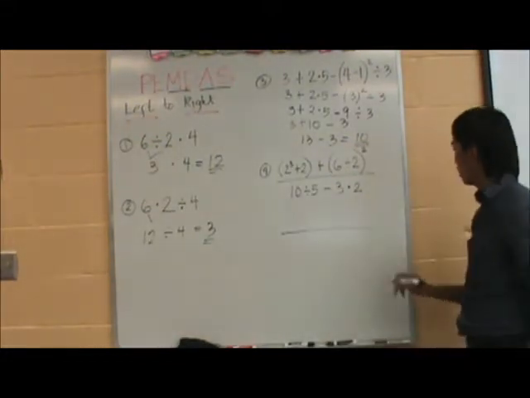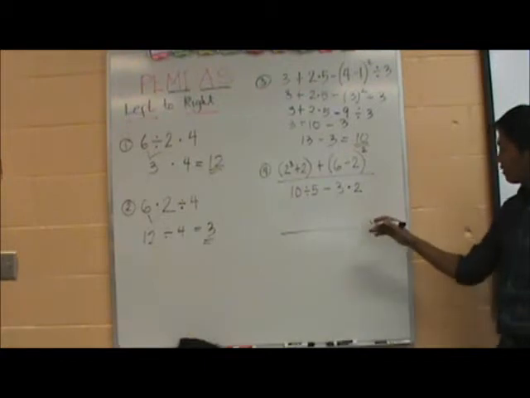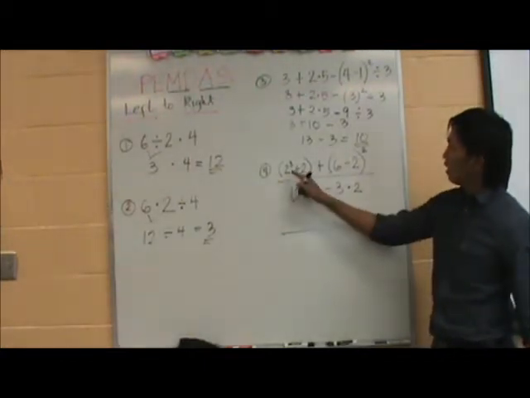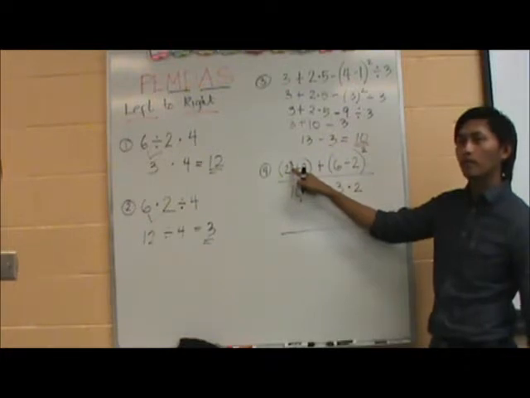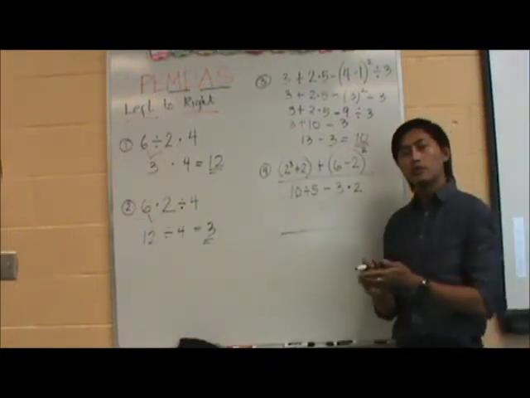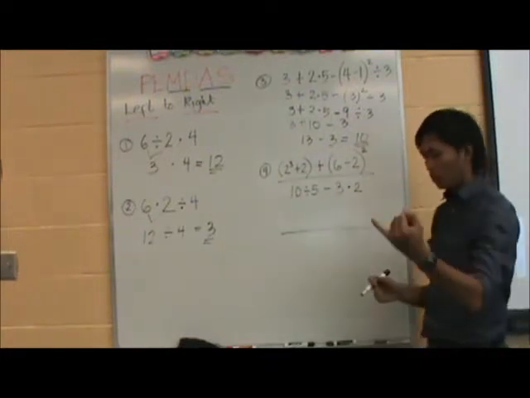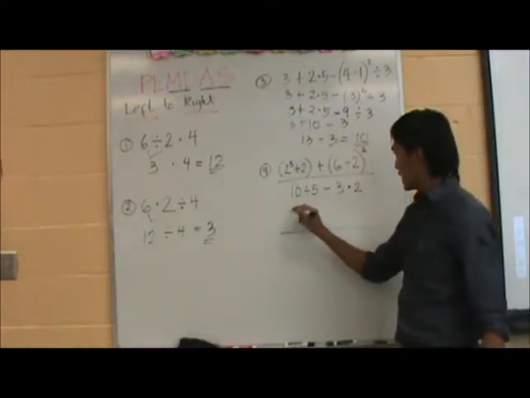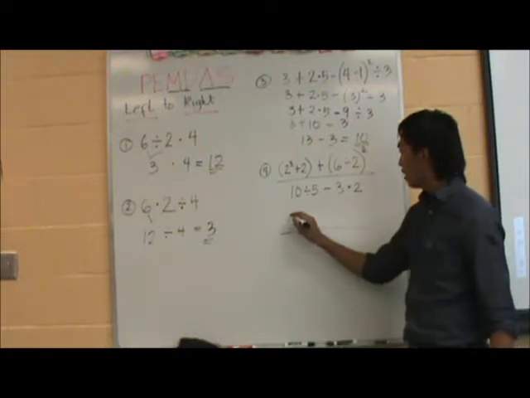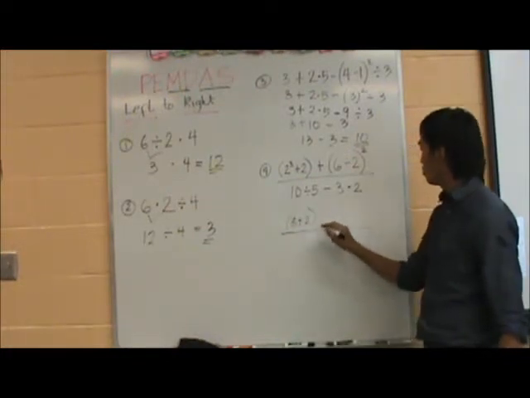I'm just going to draw a line, that's going to be the bar for the fraction. 2 to the 3rd power means you have to multiply 2 to itself 3 times. 2 times 2 times 2 will give you 8. So that will give you 8 plus 2.